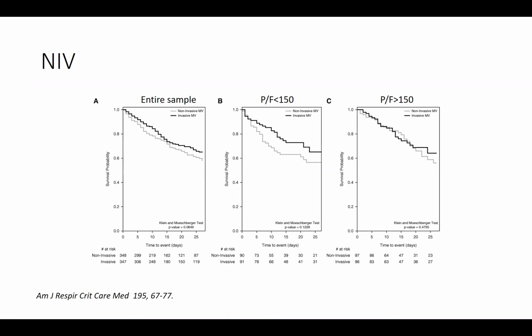Non-invasive ventilation. The issue with non-invasive ventilation is ARDS is not a rapidly reversible illness. The course of the illness takes many days to resolve. So non-invasive ventilation is generally not a good idea.